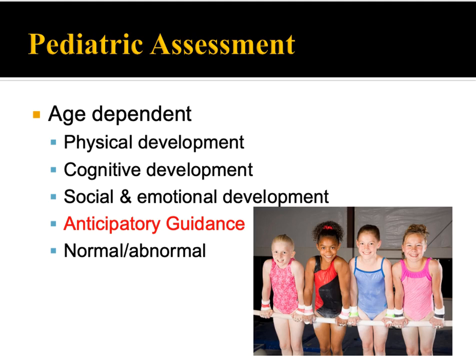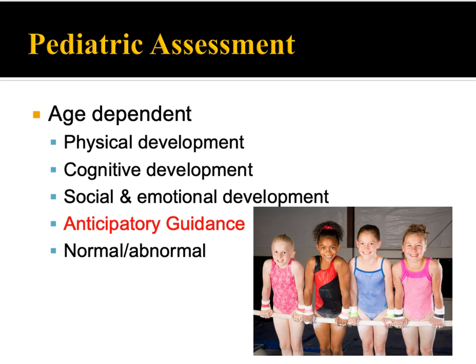As they get into pre-adolescence and adolescence, we may start to think about what are some of the high-risk behaviors that they could possibly get involved in, and we start talking about those things. Violence, gun safety, perhaps drugs, alcohol, sex, texting, social media, sexting.